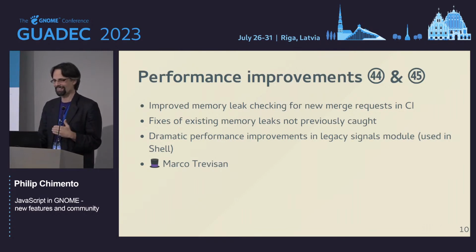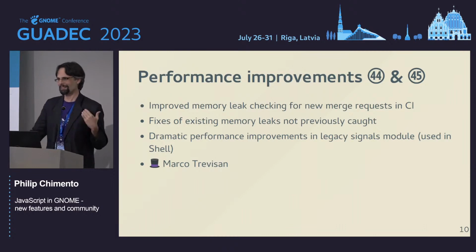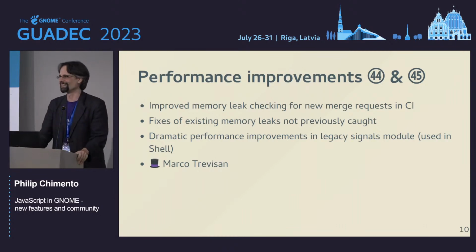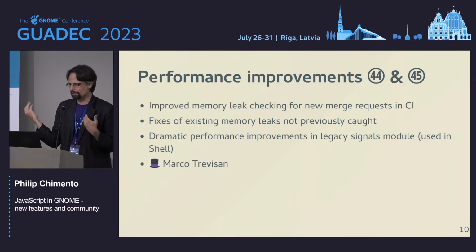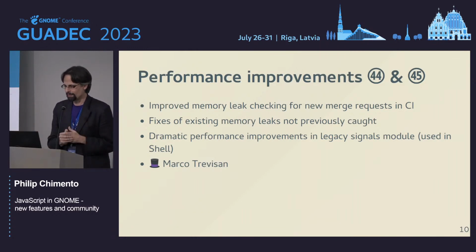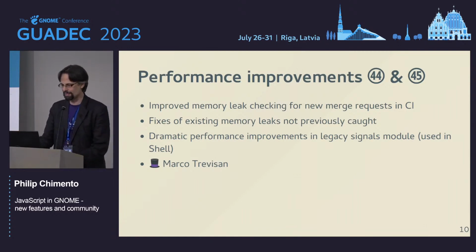Marco found this out and not only fixed the problem, but also fixed all of the memory leaks that had crept in. So thank you. And then, he's done loads more, but these were the two biggest ones. The other biggest one was these dramatic performance improvements in the legacy signals module, which is used a lot in GNOME Shell. So thank you.